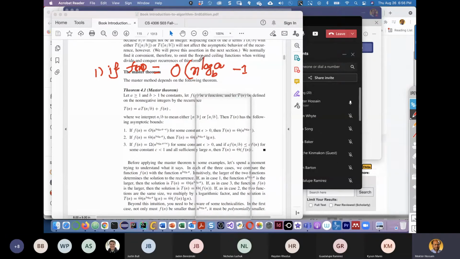This minus 1 is not like this. It is n to the power log base b of a, minus epsilon. This is the correct one.